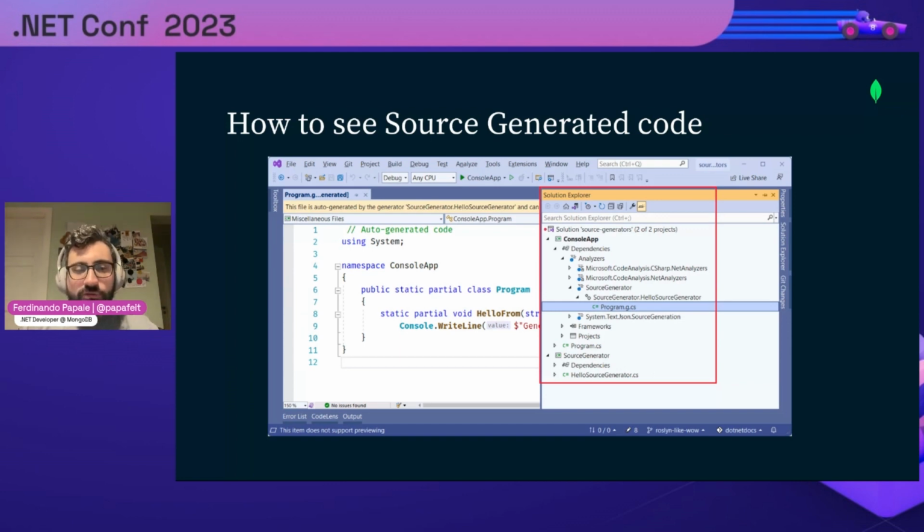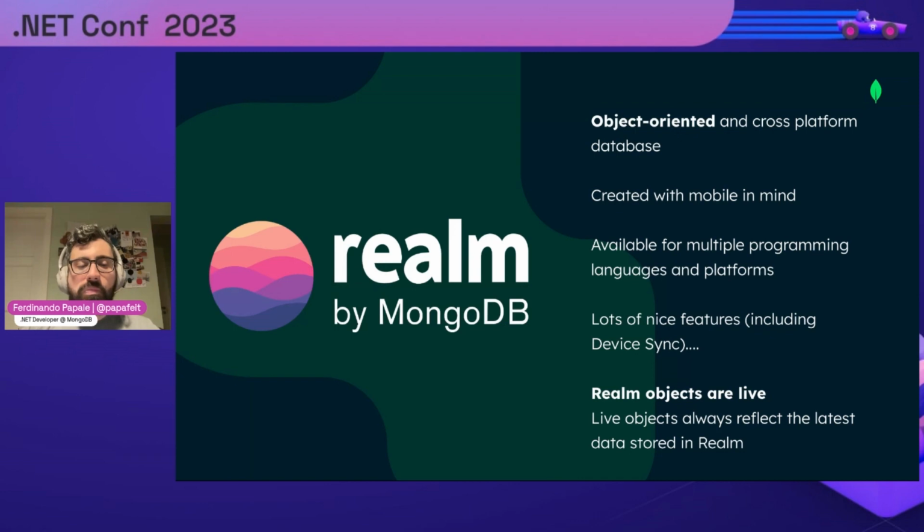Okay, so now we've talked about weaving, we've talked about source generators, and we need to talk a little bit about Realm. Realm is an object-oriented and cross-platform database that has been created, I would say, mostly with mobile in mind, though it's not only available for mobile.